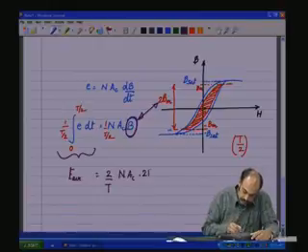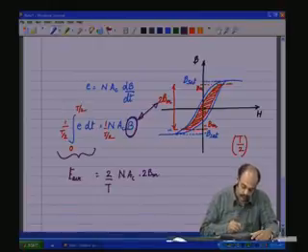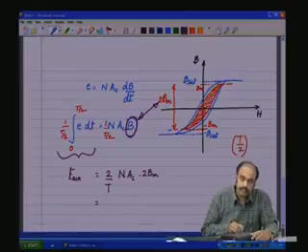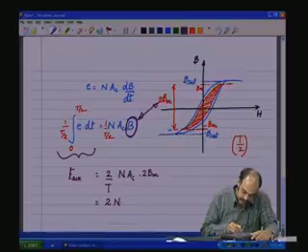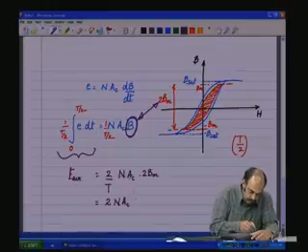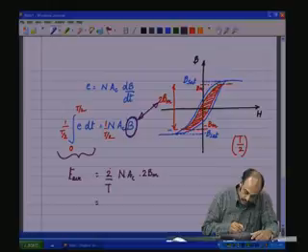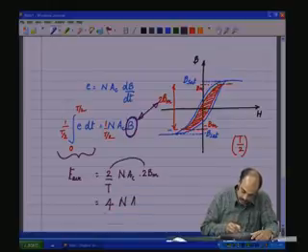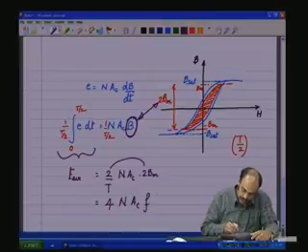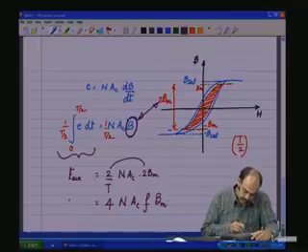So, 1 by T is nothing but the frequency. So, we have 2 into 2 becomes 4 n a c frequency into Bm. This is E average.